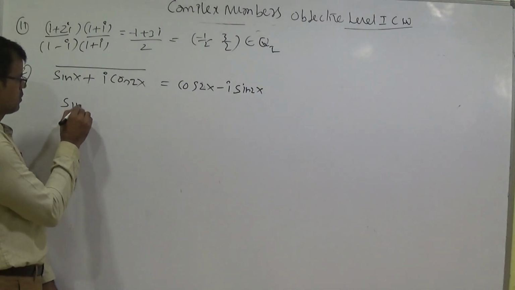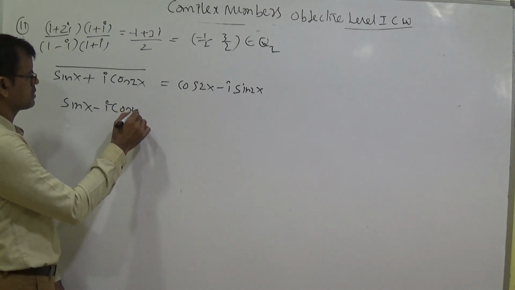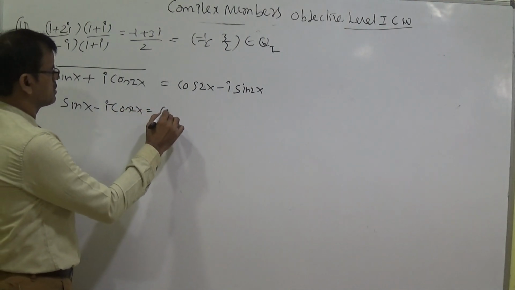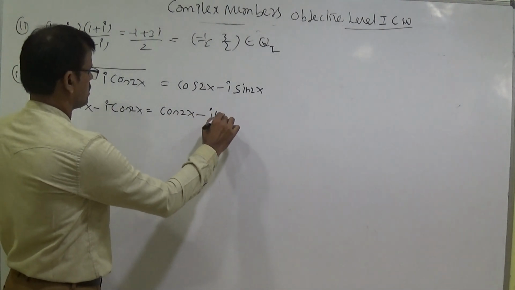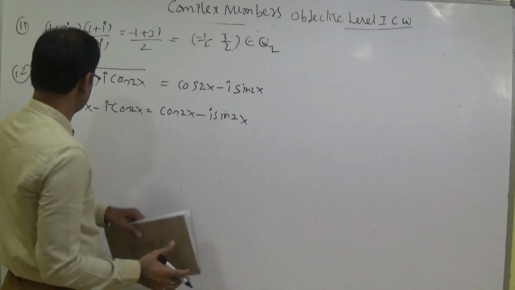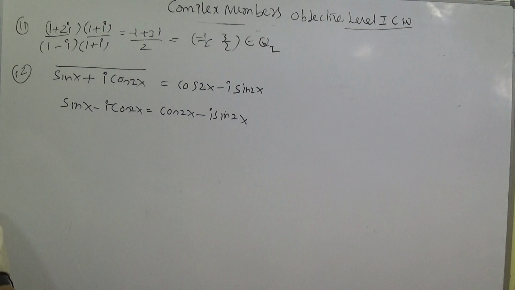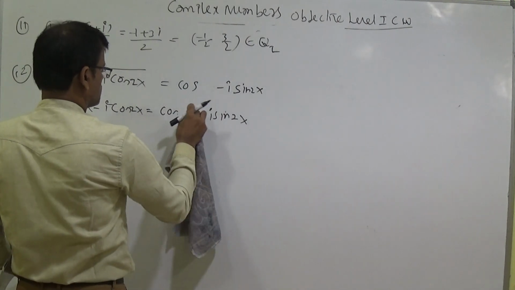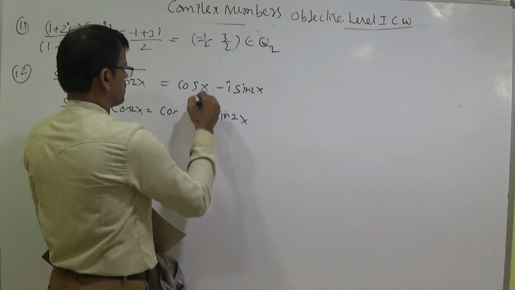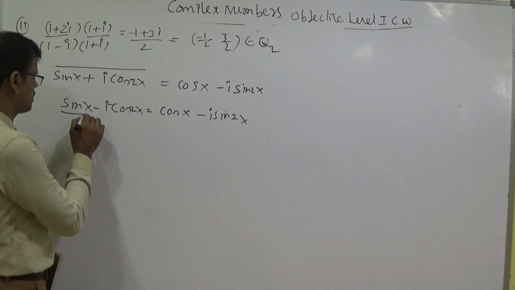So right here, sin x minus I cos 2x is equal to cos x minus I sin 2x. Not cos 2x, this is cos x. This is cos x. Compare real and imaginary both sides.